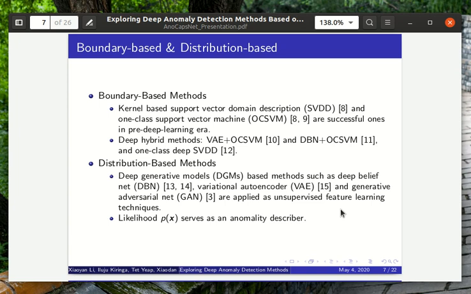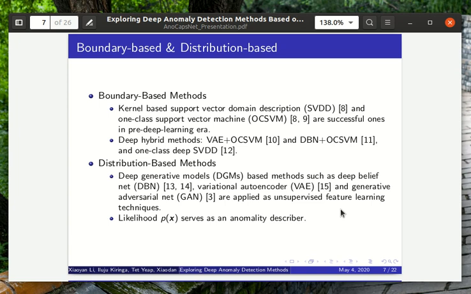However, in the deep learning age, with billions of samples in modern datasets, these traditional methods become less effective. Naturally, they are combined with some deep learning techniques and developed into deep hybrid methods such as VAE plus OCSVM, DBN plus OCSVM, and one-class deep SVDD.